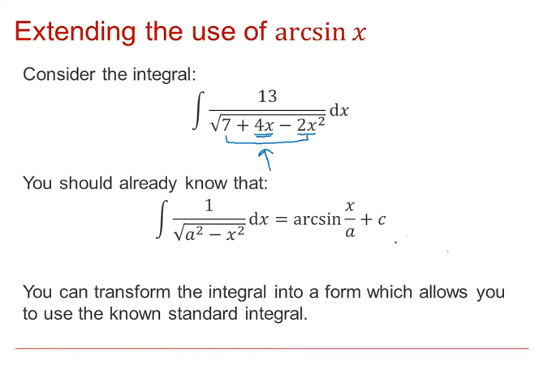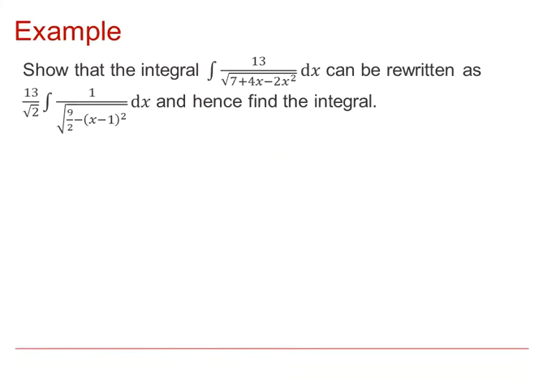So we're going to be using the arc sin x over a to represent our inverse trig function, but don't forget it could also be written as sine minus 1 x over a if preferred. So we need to be able to rewrite this integral in the required form shown here, and hence that should allow us to do the integration.